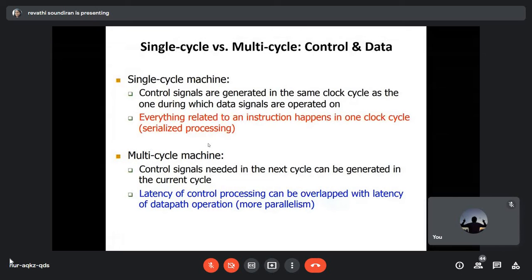So everything related to one particular instruction is happening in that one particular clock cycle. That is the prime difference between the single cycle machine and your multi-cycle machine.